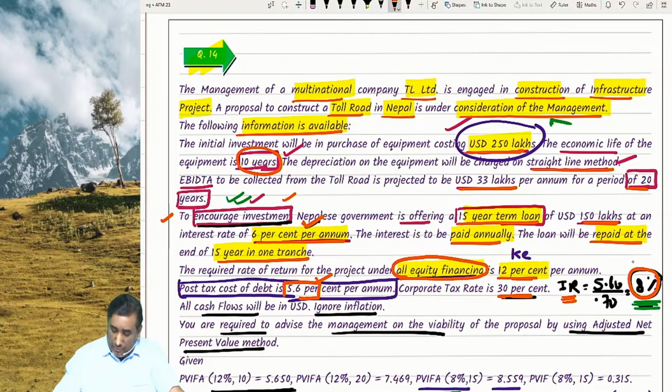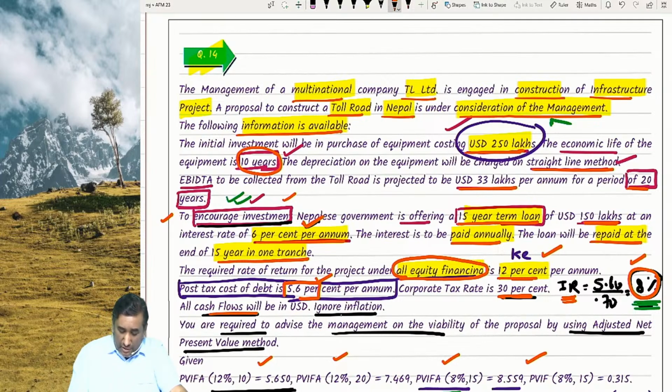Your discounting rate would be 8%, and you will come to know from where, as I told you in some question earlier also. How do you come to know discount rate would be 8%? When you look at the present value factors, you'll come to know the hint that 8% is coming, and equity is what rate? 12%. So if doubt comes, sometime look at that. Next time, I don't know if this examiner also becomes smart enough, he gives you more alternate rates. So discounting rate would be this.